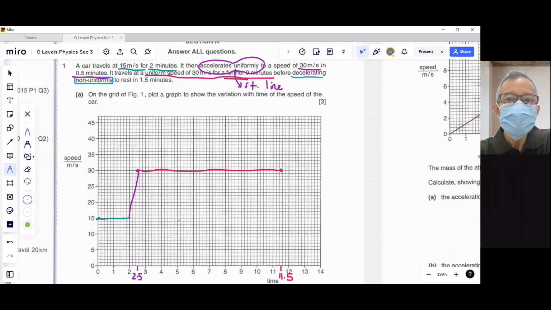Lastly, it decelerates. Decelerates means a negative slope like this. And to rest means speed equals 0. Don't forget that. In 1.5 minutes. Speed 0 means x-axis. So 11.5 plus 1.5 minutes will give you 13 minutes. So this is the endpoint.